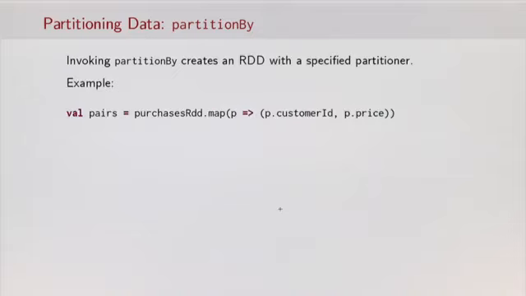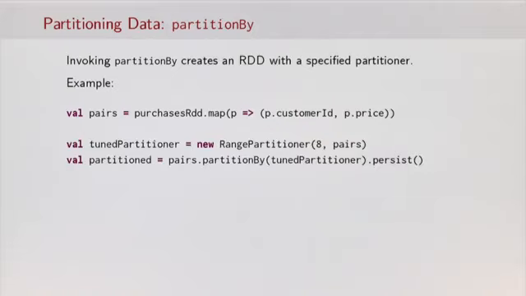So let's imagine for a second that we have this RDD of purchases that we've been working with in the previous sessions. And let's say that we want to use a range partitioner on it now. To do this, we first need to create an instance of a range partitioner here. This is done by calling new RangePartitioner and passing in the number of partitions that we want, in this case 8. And we also have to pass a reference to an RDD that we'd like to have partitioned.